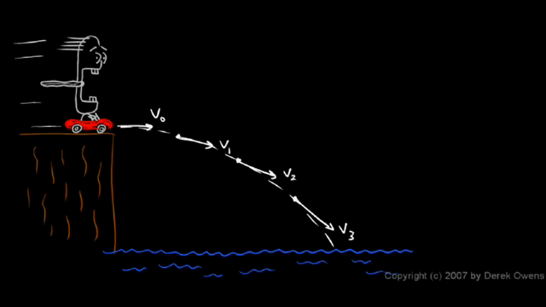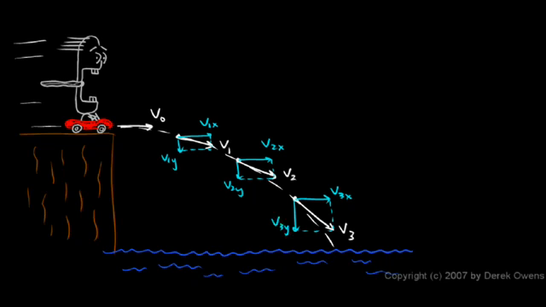Next, I'll say this. The horizontal velocity is constant. If I draw in the components of these velocity vectors, v1 is to the right and down. So I could call this v1x and v1y, and v2 over here has components v2x to the right and v2y down, and then v3 here has a horizontal component, v3x, and a vertical component, v3y.